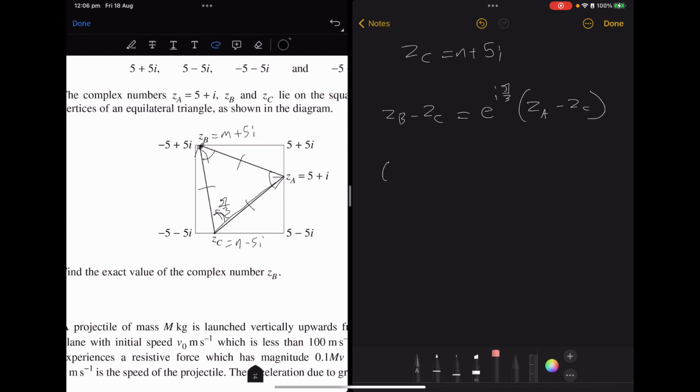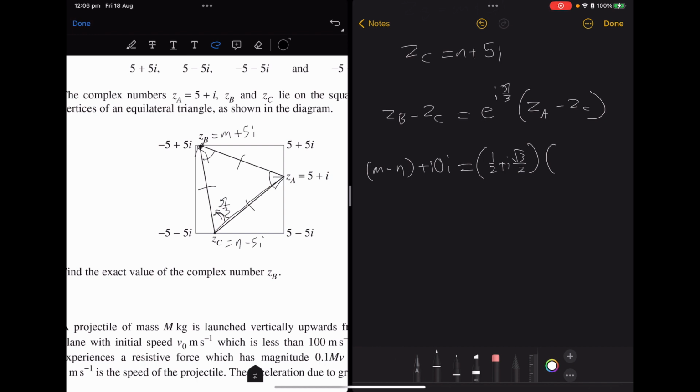So ZB minus ZC is just m minus n, the real part, plus 5 minus negative 5, which is 10i. This is equal to e to the i pi on 3, which is cos pi on 3, just a half, plus i sine pi on 3, which is root 3 over 2, times ZA minus ZC.